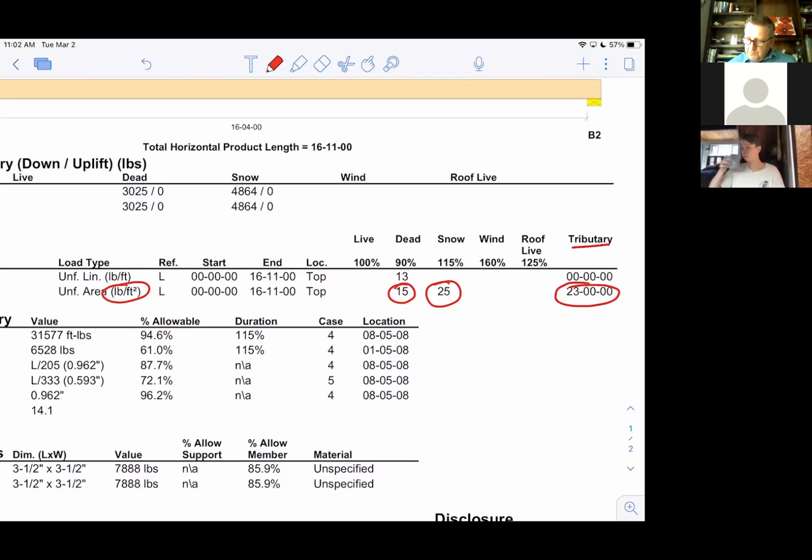So if I take 23 feet times that 40, what is that? 23 times 40. I get 920 pounds.